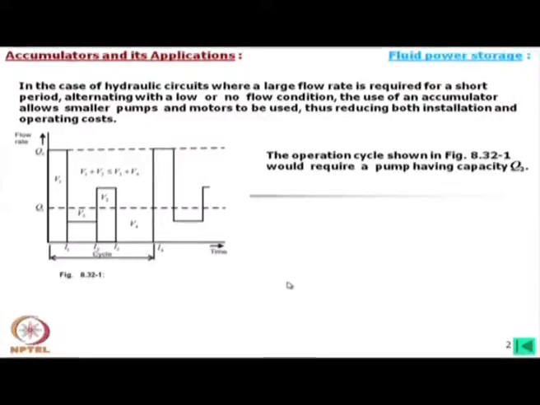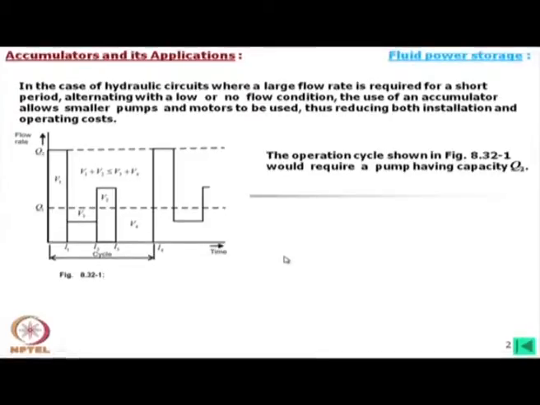So, basically we store the energy when the full energy is not required for the operations, and it is kept in store and utilized when more power, more pressure and flow is required.